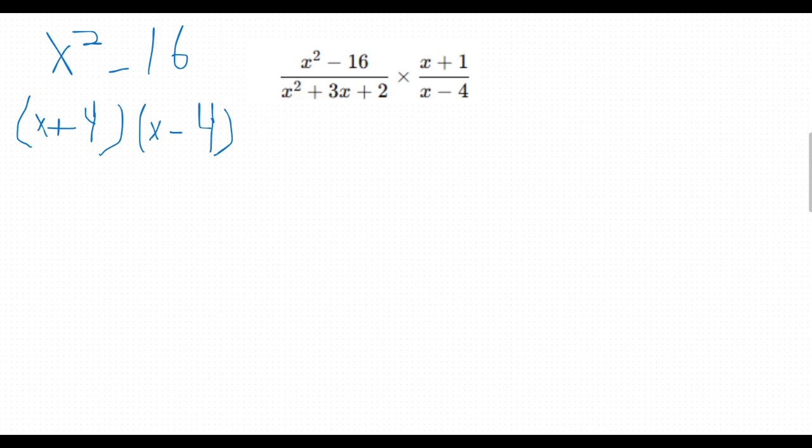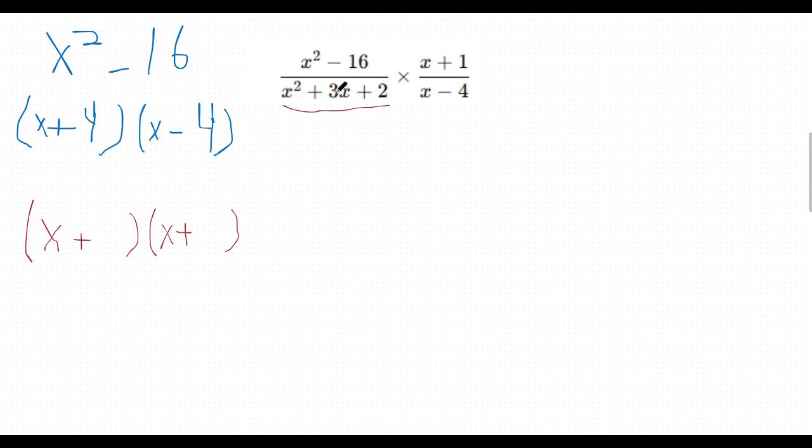Now we're going to factor this term, x squared plus 3x plus 2. A little shortcut: we know we end in a positive term, so it must be x plus something, x plus something. We find that something, and this is just a quick rehash. I recommend if you're not familiar with this, to go ahead and watch a video on factoring.